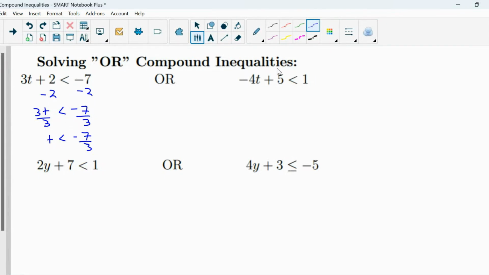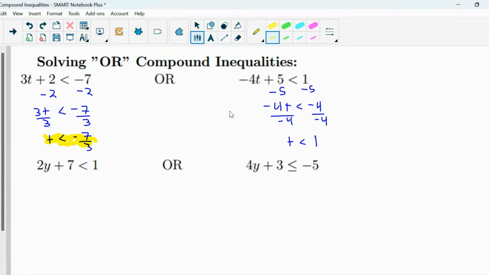Okay, for our second side here, we need to subtract 5 from both sides. That will give us negative 4t is less than negative 4. So now to solve for t, we will divide both sides by negative 4, leaving us with t is less than 1. Okay, so now we have already solved for both of our sides.